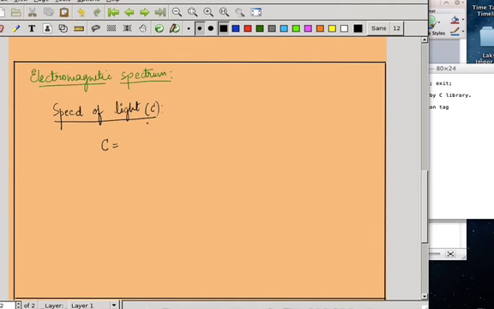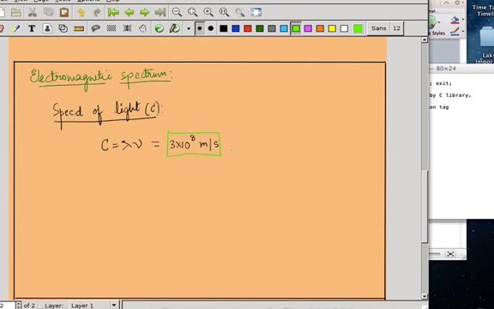If we consider that light is traveling as a wave, then its speed would be equal to nu lambda. It has been found that it is always constant in vacuum, equal to 3 into 10 raised to power 8 meters per second. So this is the speed with which light travels, and this has been found constant.